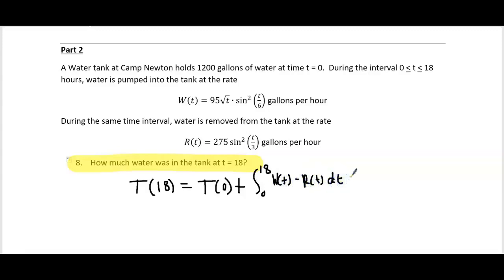All right. Now, we already know what T of 0 is. That's the starting amount of water in the tank. So we know that that one is 1,200.